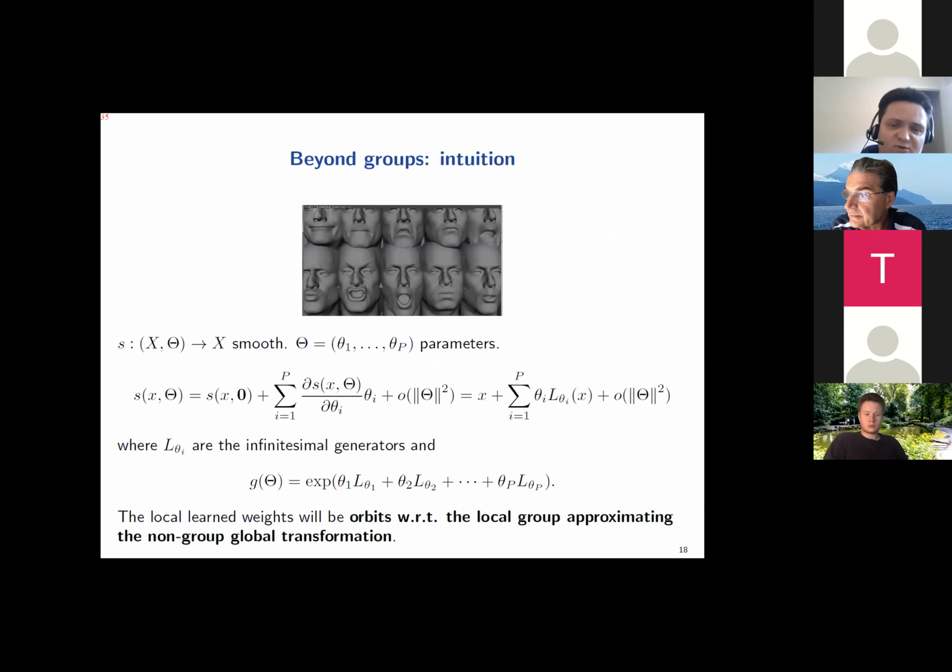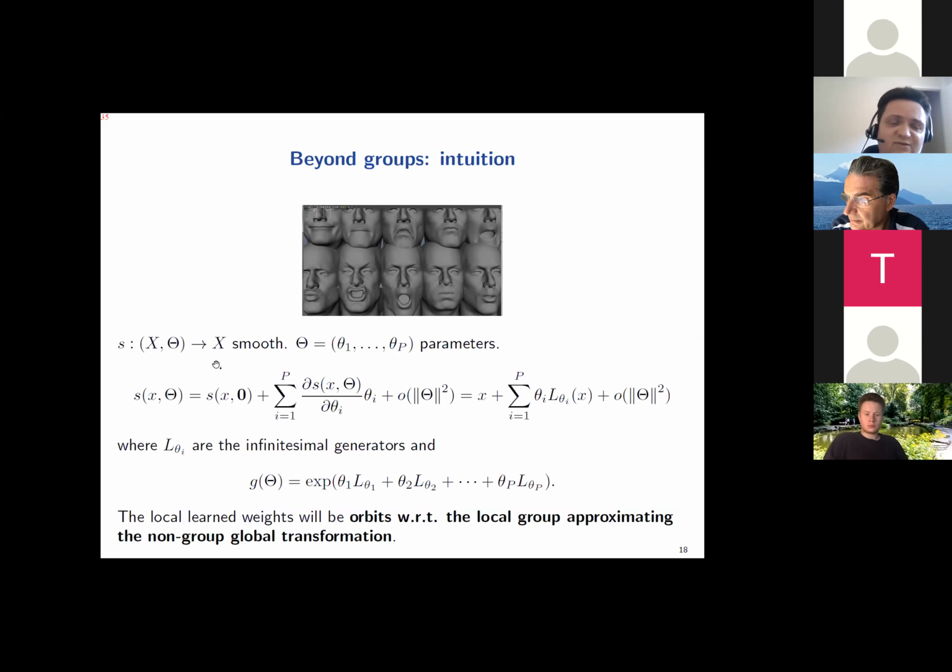Okay, so before concluding, I would like to make a quite, let's say, hand-wavy argument about how you can go beyond groups and analyze transformations which do not have a nice structure. So as I was saying in the panel before, consider, for example, a diffeomorphic transformation of a face.